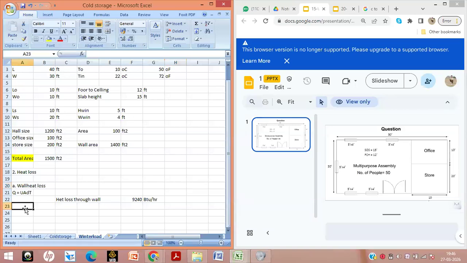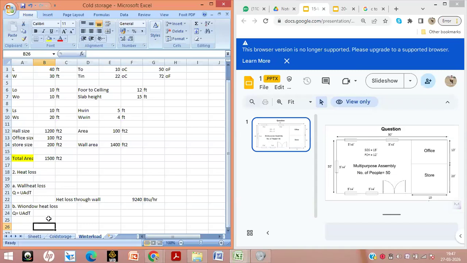Next we need to calculate the glass heat loss, window heat loss. That will be the same, which is Q equals UA delta T. Now we have this area of window and glass.